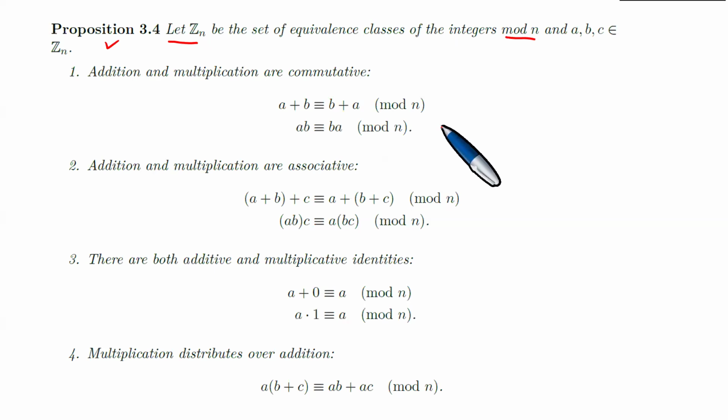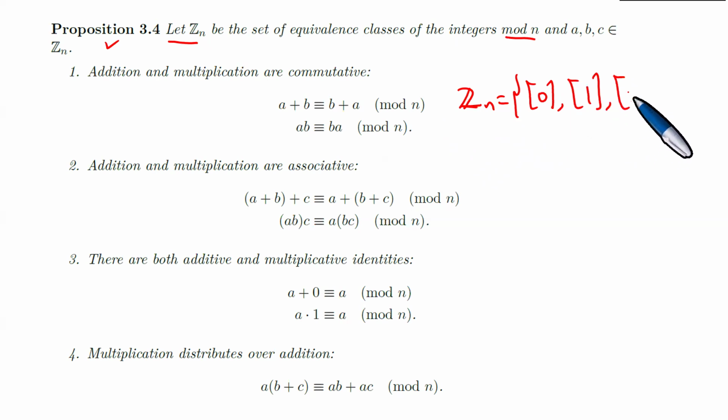In other words, we can write Zn as 0, 1, 2, and so on, up to n minus 1. So we can write Zn as a set of equivalence classes of the integers modulo n, and a, b, c are elements of Zn.